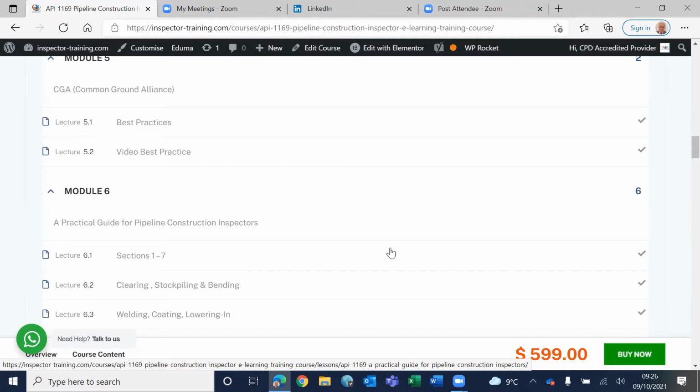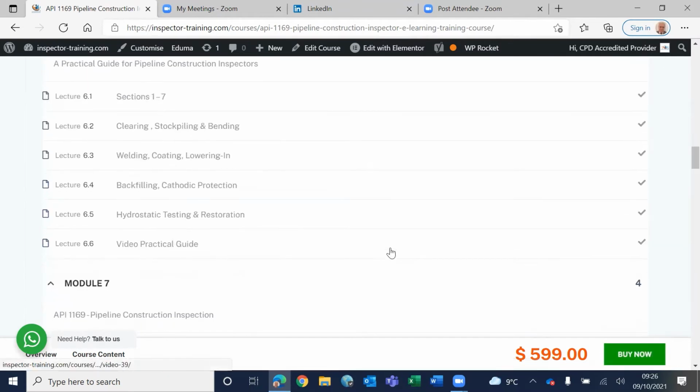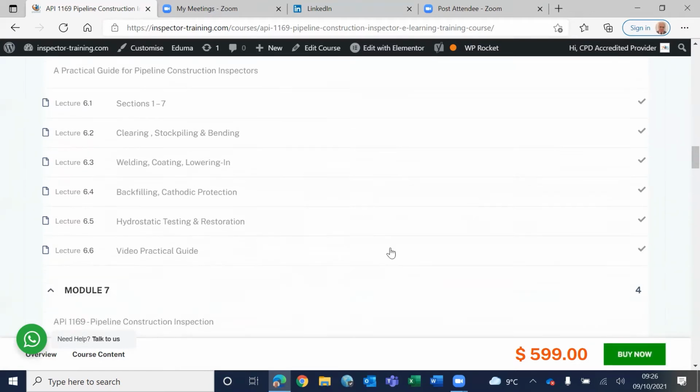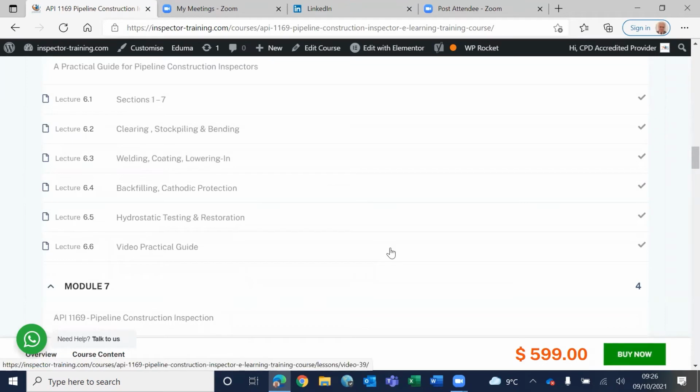It's very good, it's free, and then they came to a set of best practices. And then you should know about a practical guide for pipeline construction inspectors. I believe it's free. It talks about all the areas that you are involved in.